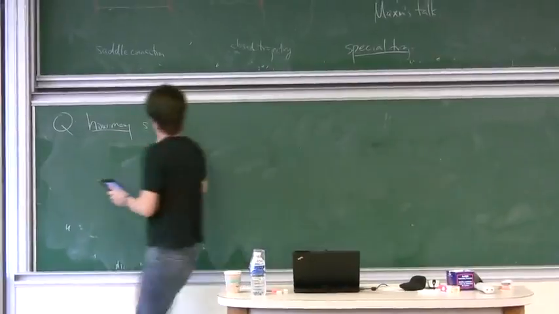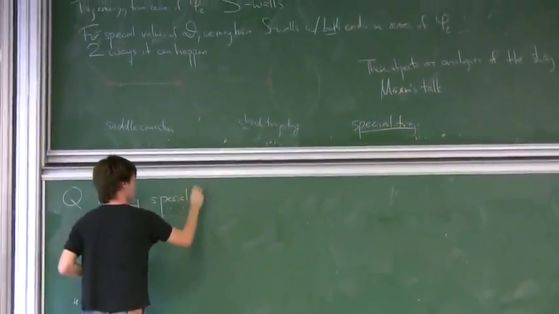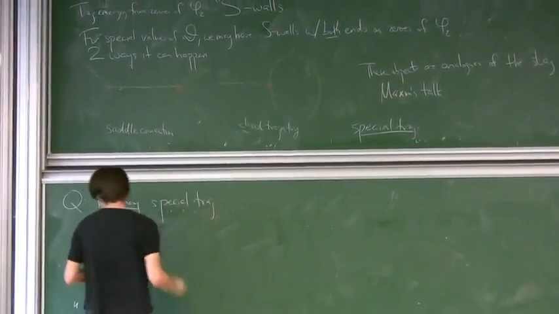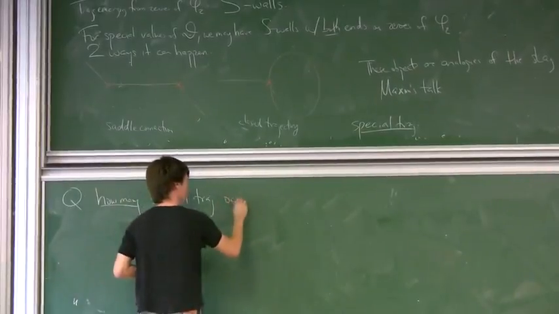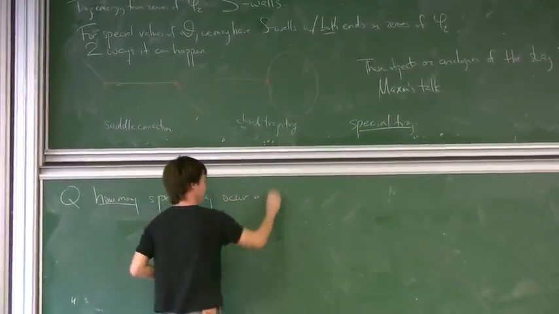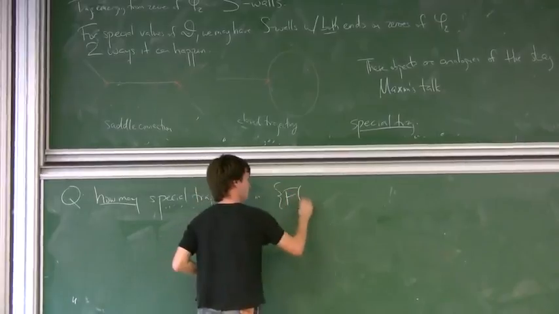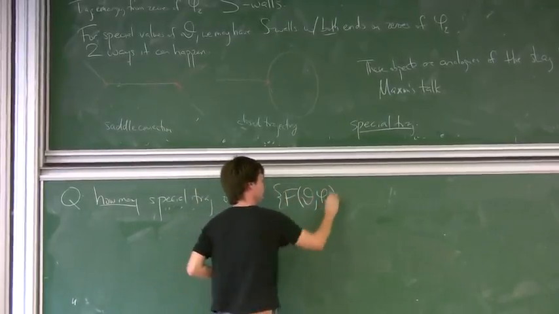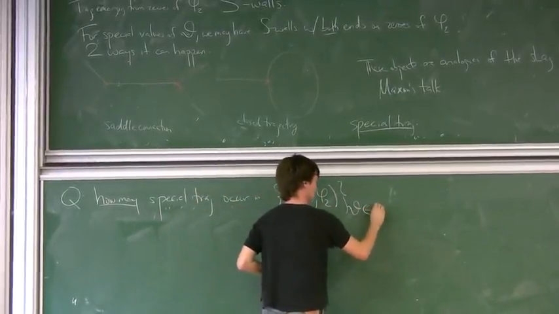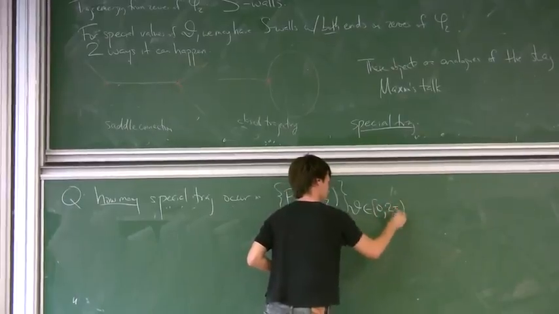And the question is, how many special trajectories occur in the family f of theta phi 2, while theta runs through the whole circle?